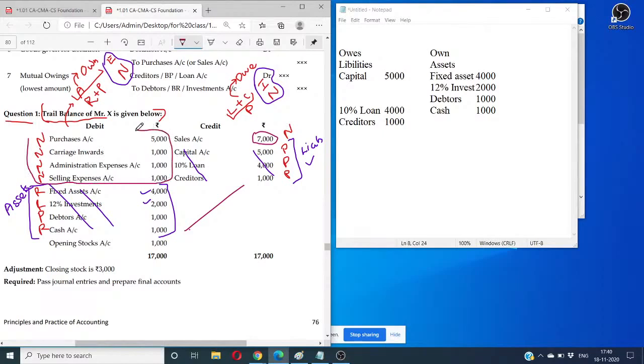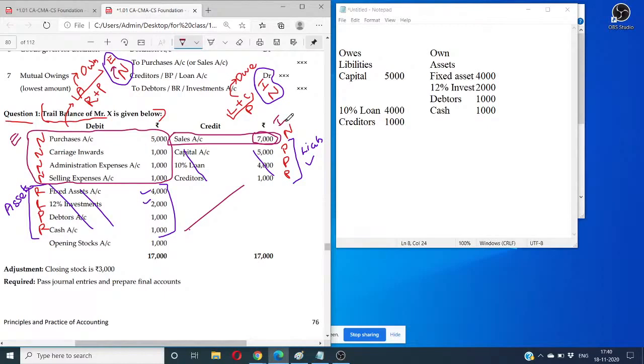A nominal account on the debit side is always an expense. And a nominal account on the credit side is always income. Now the difference between these two is the result. This will be the income result. Is it okay? Clear?